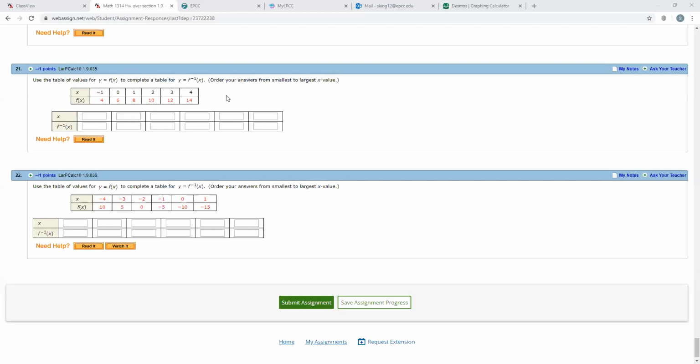So to start out, everyone, the most basic understanding of inverse in terms of points is to simply invert the x and the y value of a point on its graph, and simply invert the two numbers that are in the ordered pair.